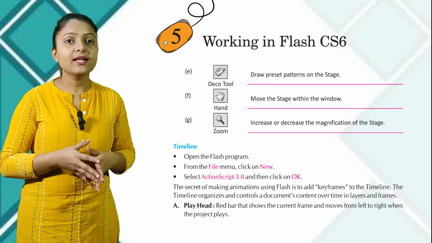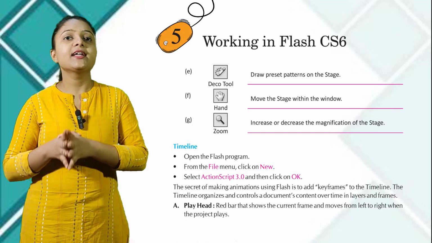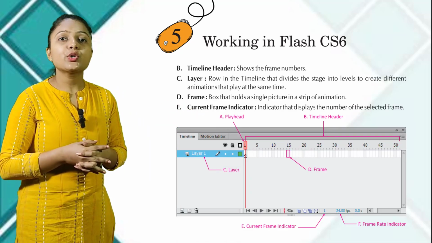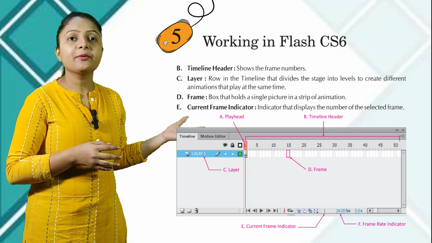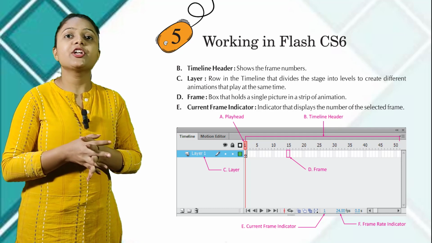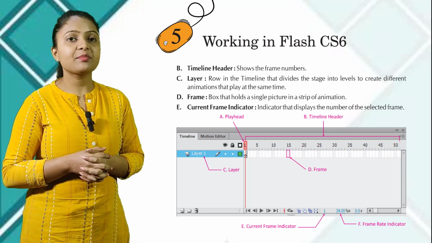A. Playhead: red bar that shows the current frame and moves from left to right when the project plays. B. Timeline header: shows the frame numbers. C. Layer: row in the timeline that divides the stage into levels to create different animations that play at the same time.